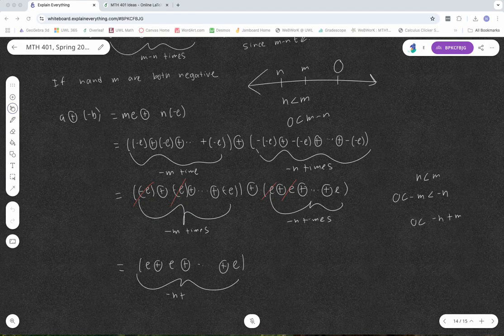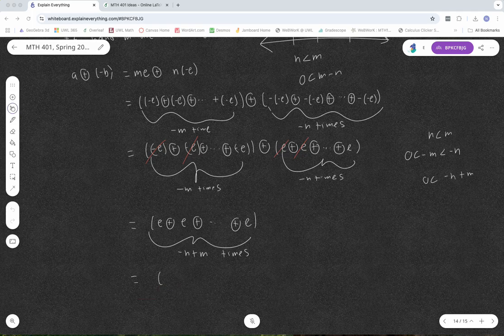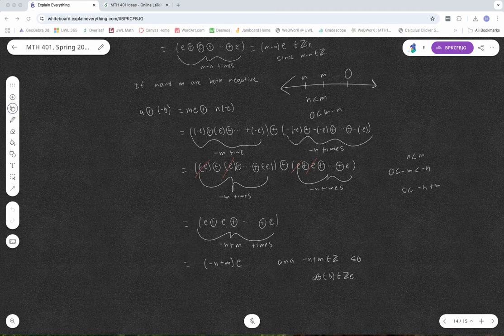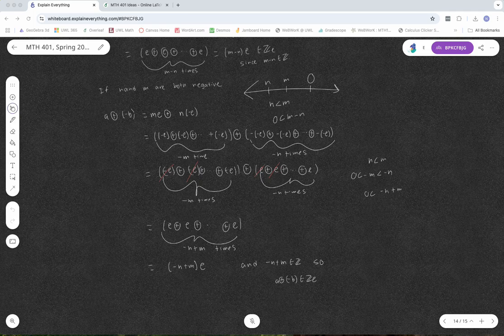Negative N plus M times, which is negative N plus M times E, and negative N plus M is in Z. So A plus negative B is in ZE. Great. So if they're both positive, we're in there. If they're both negative, we're in there. And if one is positive and one is negative, it's a similar argument. I don't really want to go through those details.